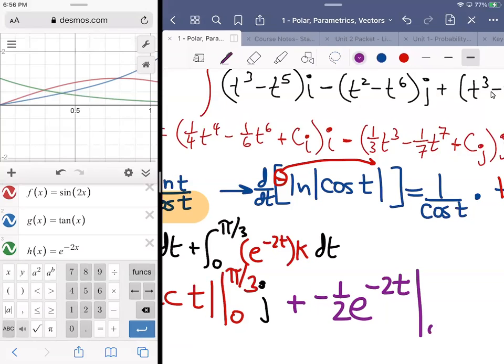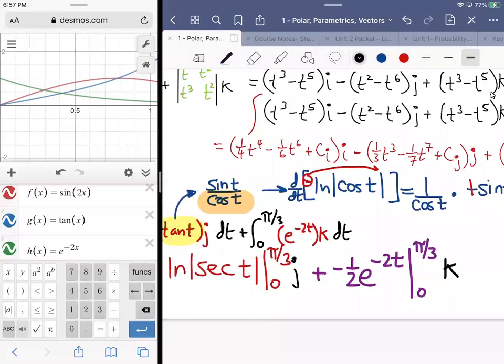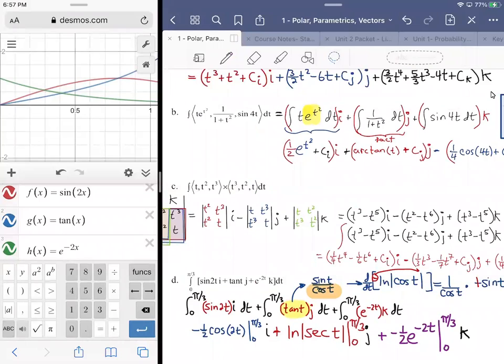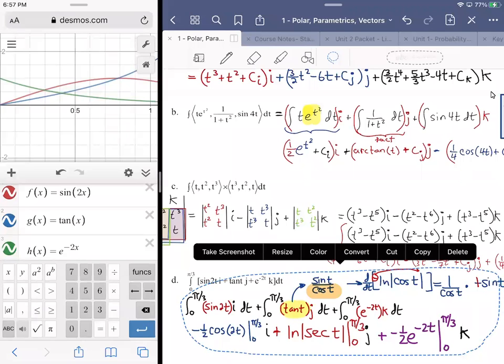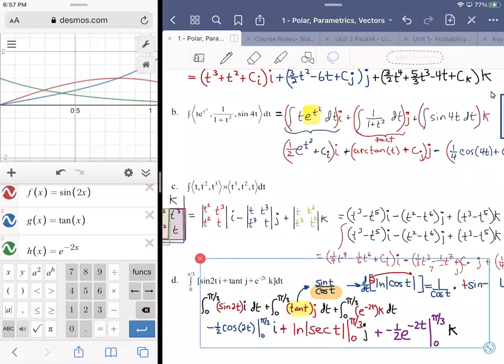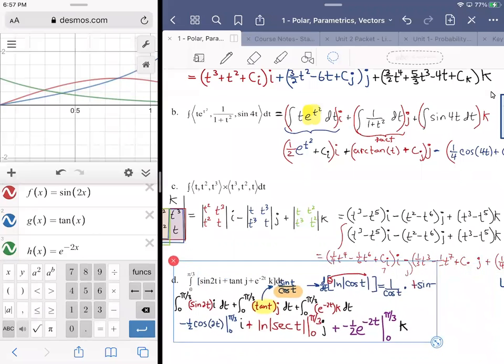On the interval of 0 to pi over 3. And that's going to be my k component. So then I just need to evaluate these, and that in and of itself shouldn't be too bad. Oh, I lost my t.